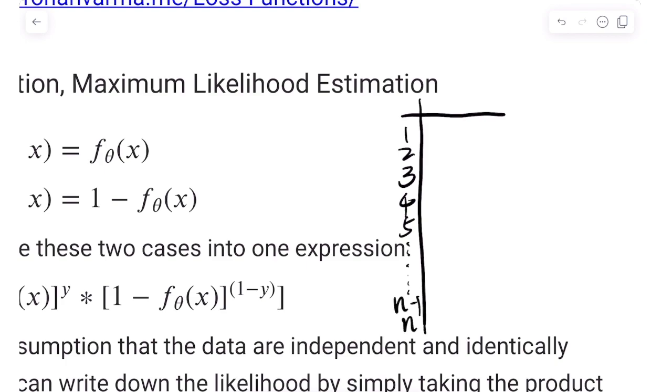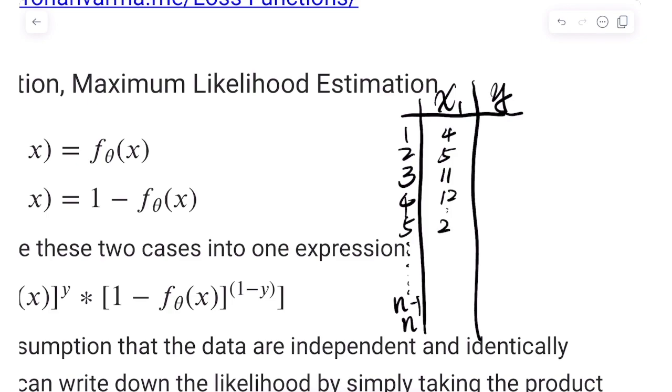If you have some data and we assume we have only one feature, that is maybe 4, 5, 11, 24, 25, 26, 44, 46, with corresponding y of 0, 0, and so on.